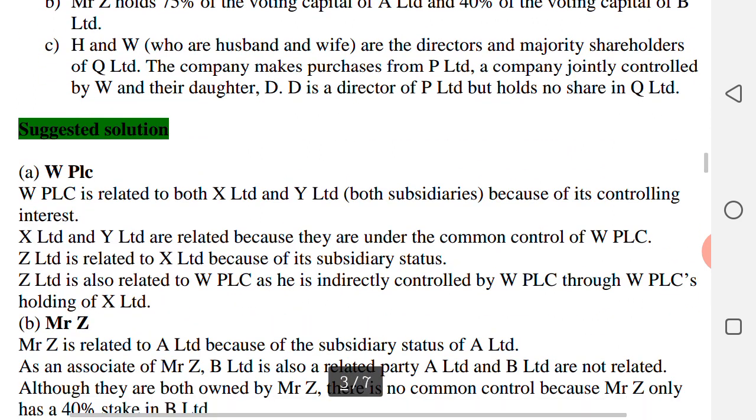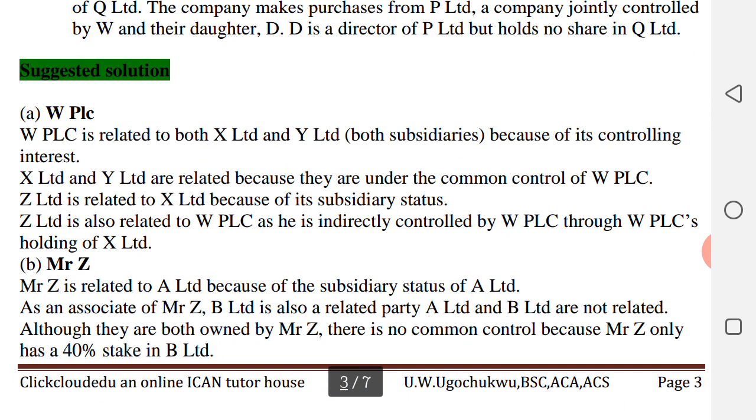B is an associate of Mr. Z. Is B Limited also a related party to A? A and B Limited are not related. Now look at it.